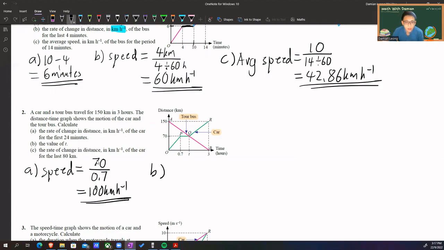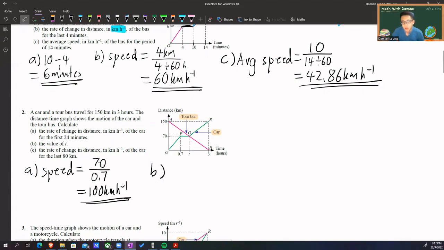Then for part B, the value of t. To find the value of t, we need information that we can relate.